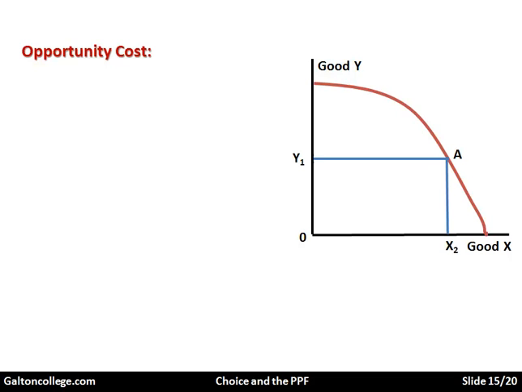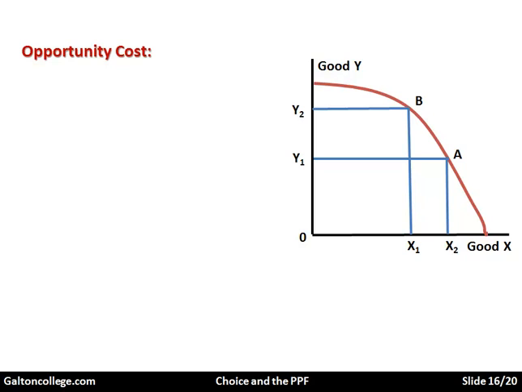Now this idea of opportunity costs, well, let's take one point on the curve. Let's say the point A, and this represents y1 of good Y and x2 of good X. So that's an efficient combination of outputs.